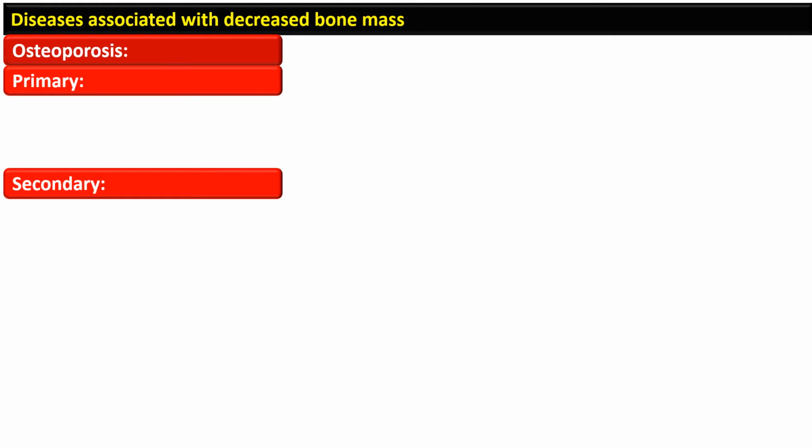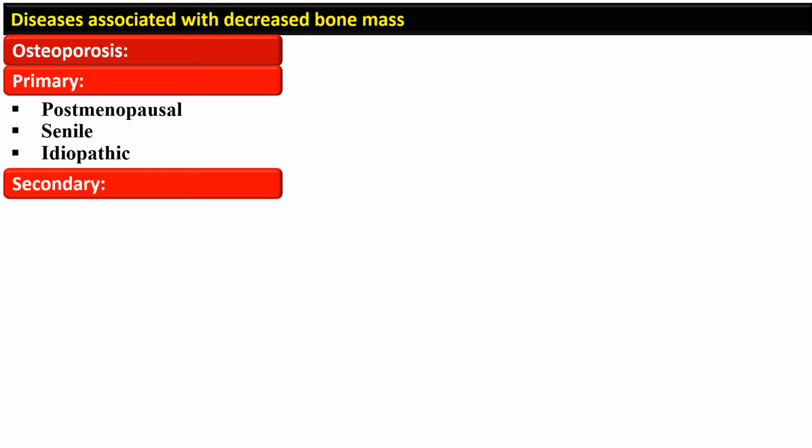Osteoporosis can be divided into primary and secondary types. Primary osteoporosis is the more common variety, and it is of uncertain origin, and principally it occurs in postmenopausal women and elderly people.